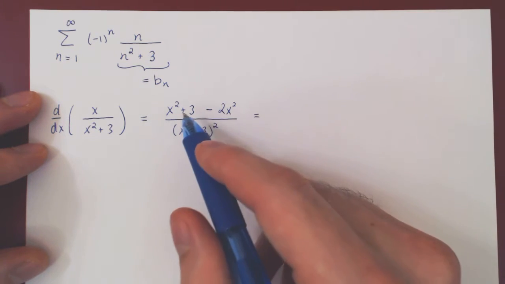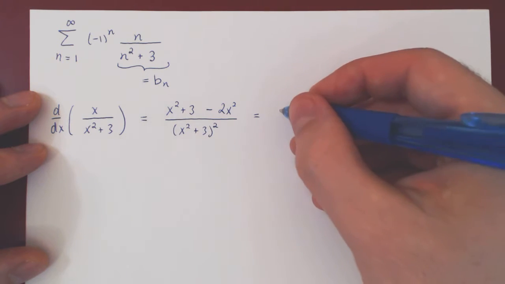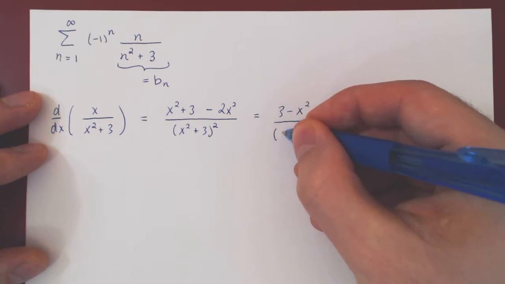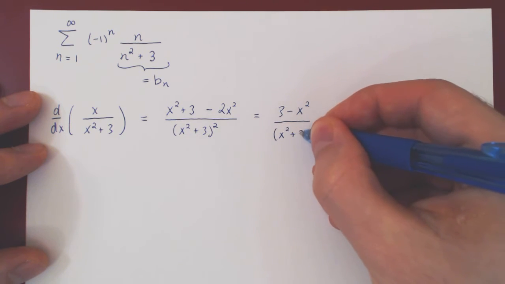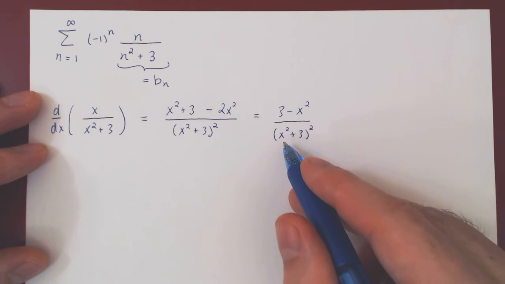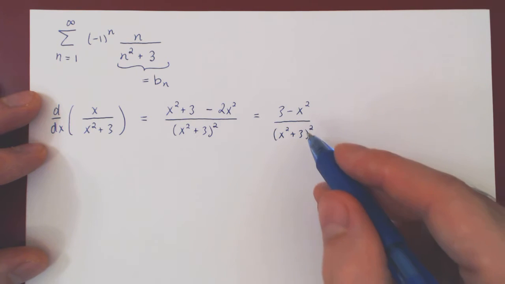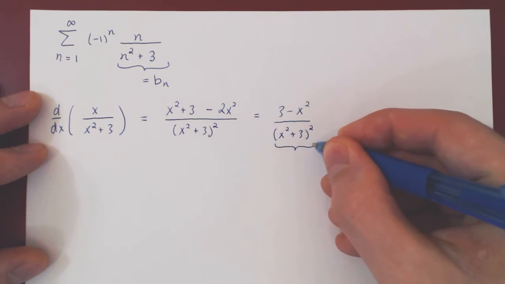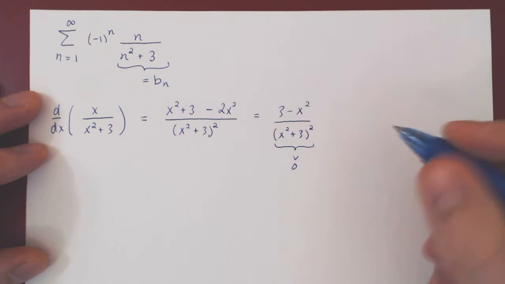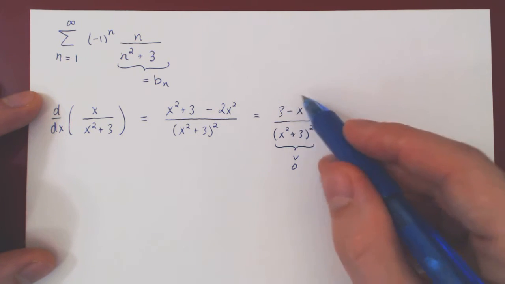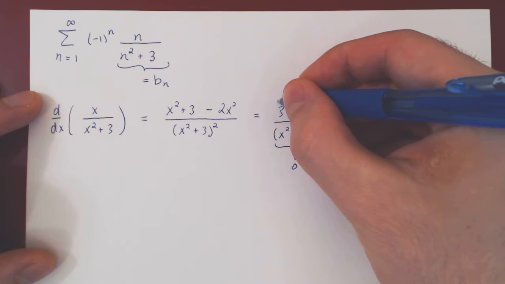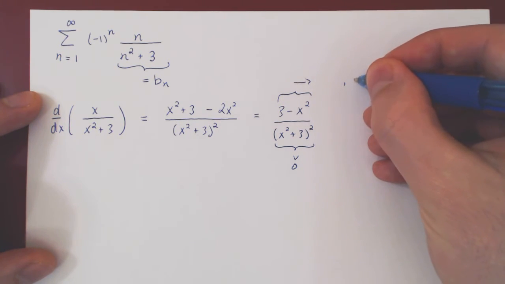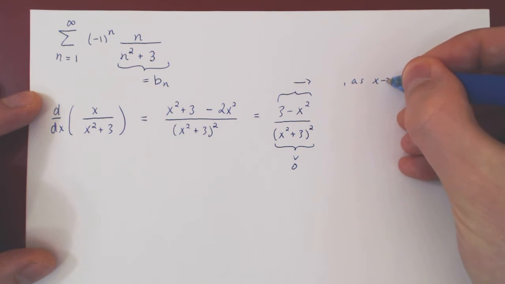If we simplify, we'll be left with 3 minus x squared on the numerator over x squared plus 3 all squared. Well, this is clearly always positive because of the square. And look at the numerator. What happens to the numerator as x becomes larger and larger?